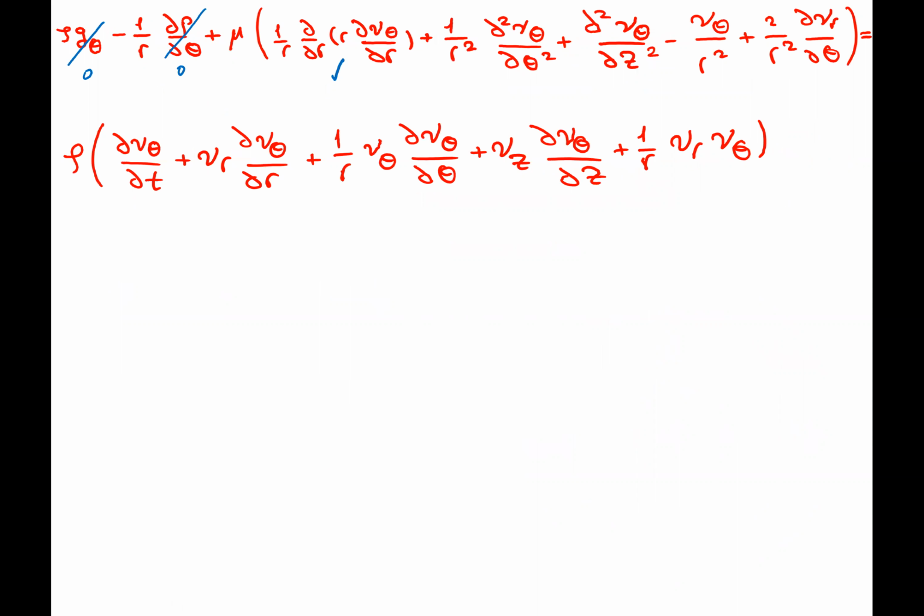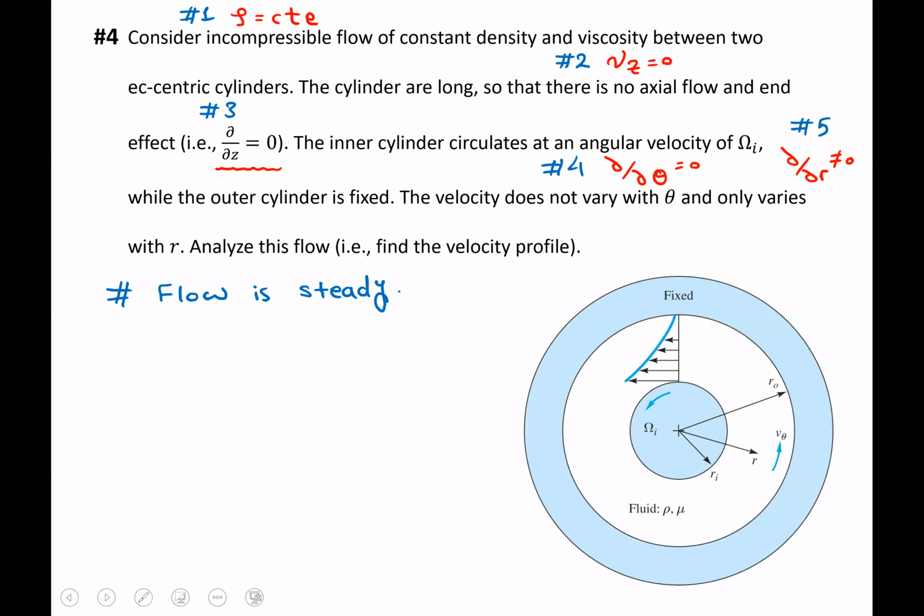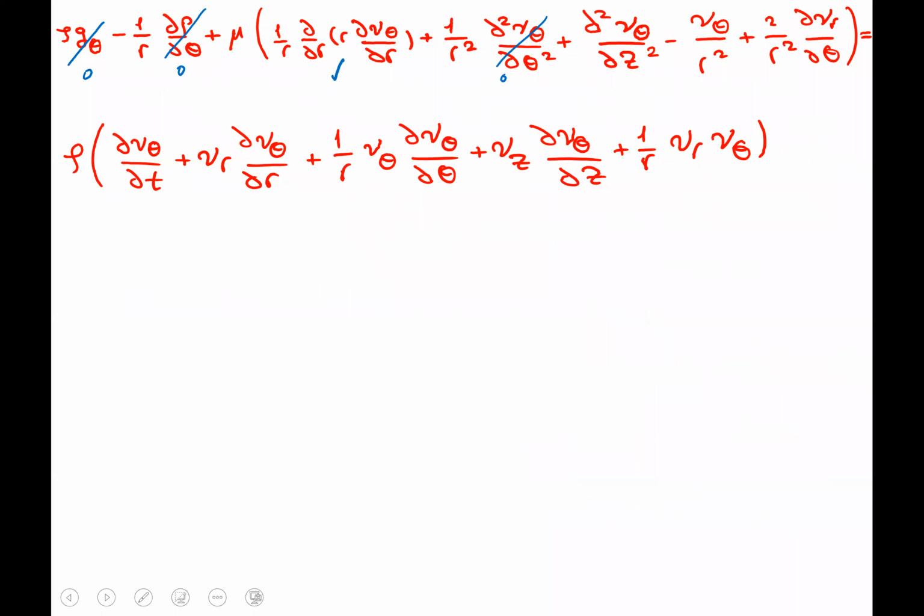And then when we go to the next one, this is 0 because of number 4, because when the first derivative with respect to theta is 0, obviously the second derivative with respect to theta is also 0. So this is because of number 4, and this is because of number 4. Okay?